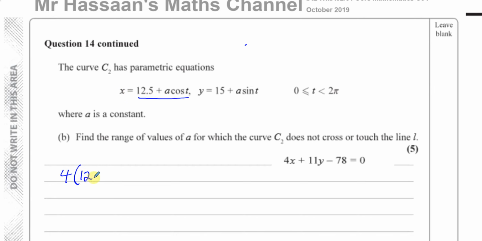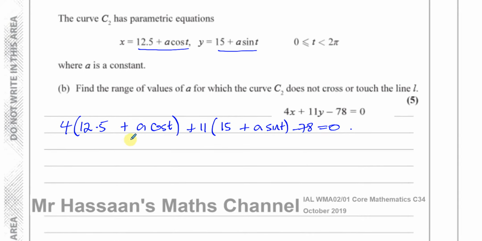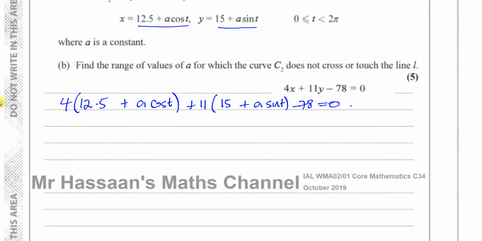So it's 4 times (12.5 plus a cosine t), and then plus 11 times, instead of y, (15 plus a sine t), minus 78 equals 0. So I've got to find the values of a which will make this equation have no solutions.